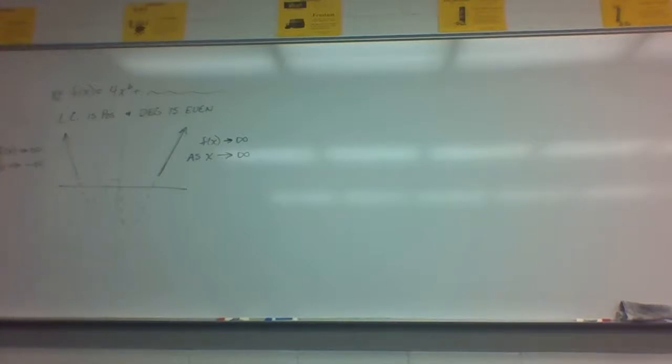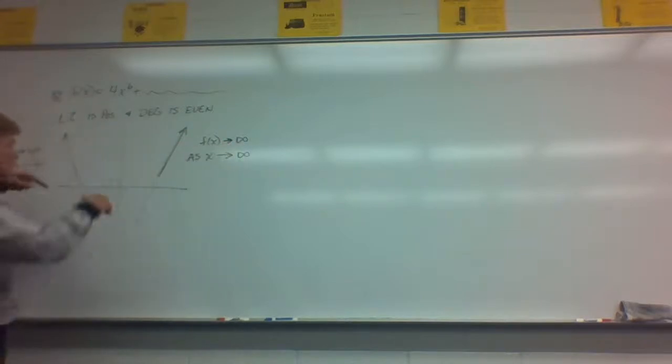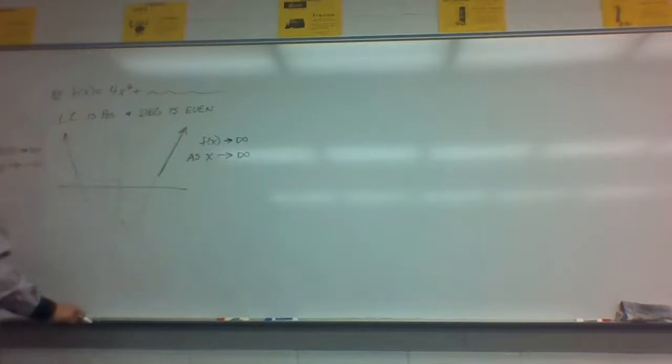What are the y's doing as I do that? Going up. The fact that both of these infinities are positive on the y values means it's going up. We're going right, and it goes up. We're going left, and it goes up. And I know you're wondering, how come that's pointed to the right? It's saying as x goes to negative infinity, meaning actually moving this way, the y's are going up. You follow me? Which we express with infinities.